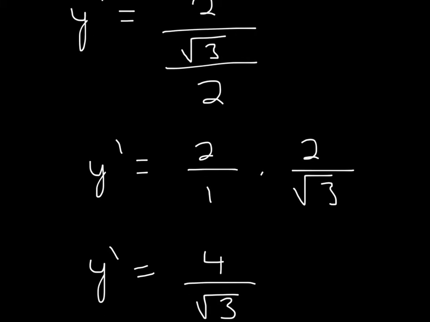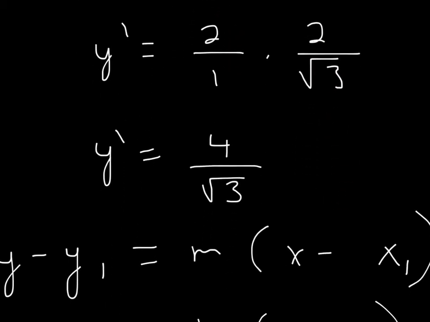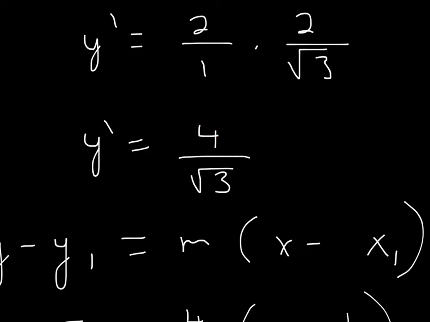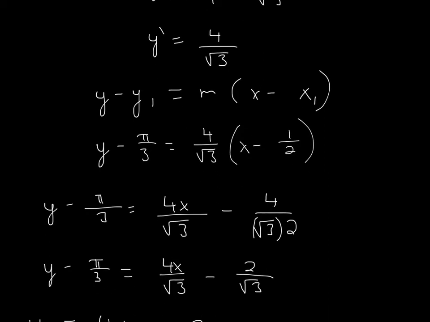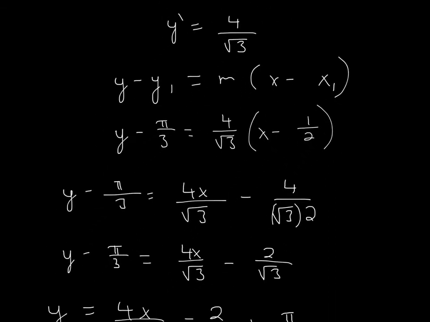Since we're dividing by a fraction, we can flip it and multiply. So it's 2 over 1 times 2 over the square root of 3. Our final answer is 4, 2 times 2 is 4, over the square root of 3. So for the slope, we'll write that as 4 over the square root of 3.